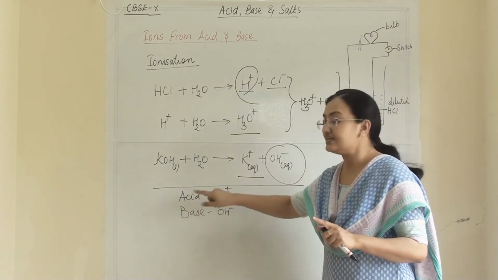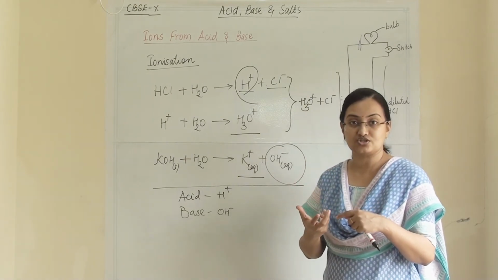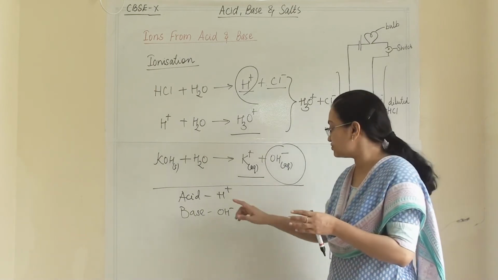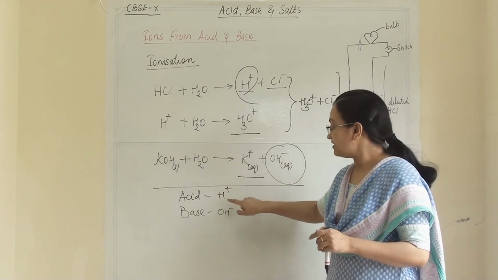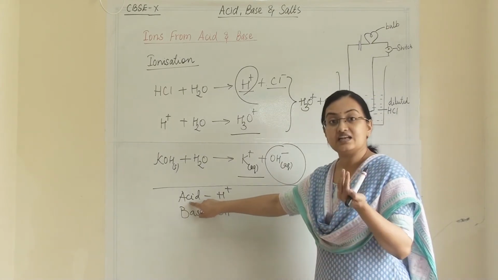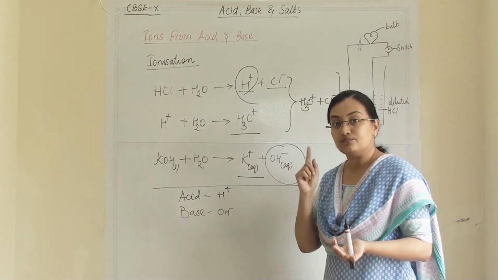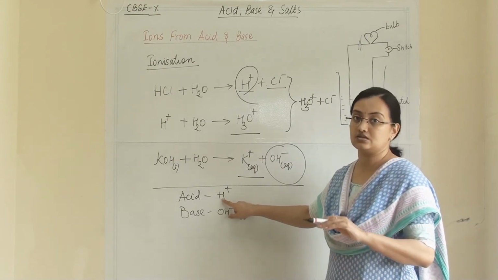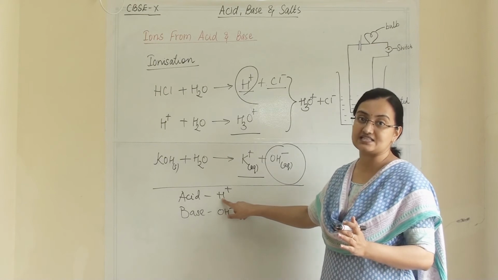If the acid is moist, along with moisture, or in an aqueous medium, only then will it dissociate and give H plus ions. When we test an acid, we take a blue litmus paper. Blue litmus paper comes in contact with H plus and turns red. So we say that this solution is acidic.